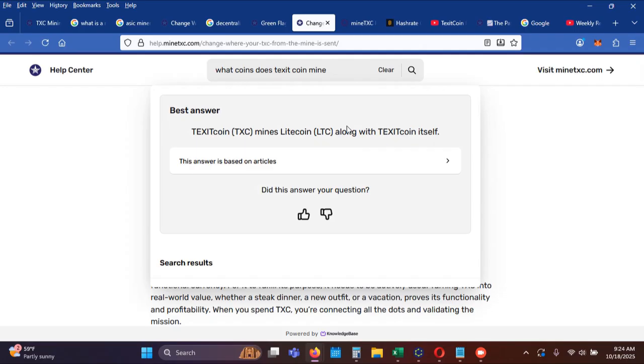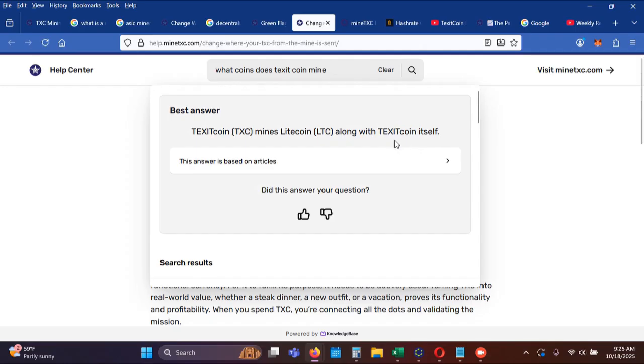The second question I have, guys, is what percentage of the total hash power that you're using in all these miners is being allocated to the mining of each cryptocurrency, right? So to be specific and really clear, if you're only mining Litecoin and TexitCoin, what percentage of that mining hash is going toward Litecoin and what percentage is going towards TexitCoin?